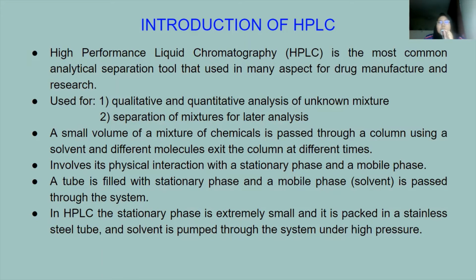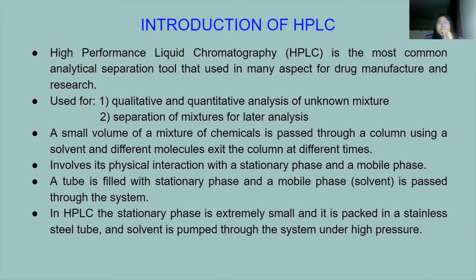The separation of a compound involves its physical interaction with a stationary phase and a mobile phase. In chromatography, a tube is filled with stationary phase, typically surface modified silica particles or silica gel, and a mobile phase solvent is passed through the system.